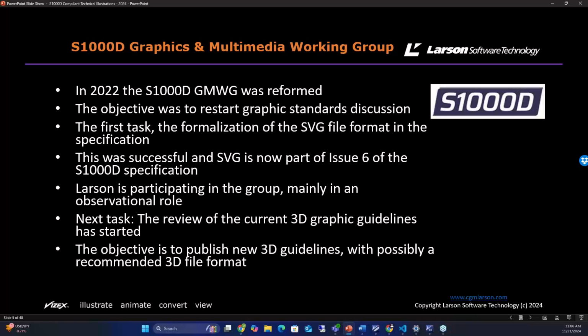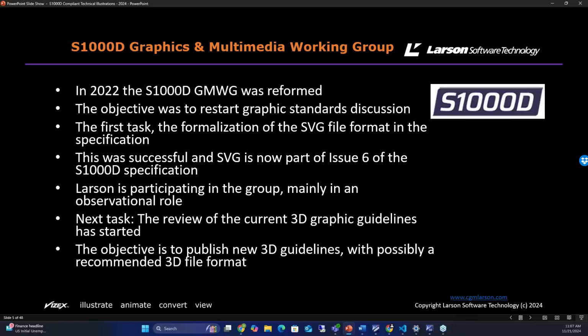The first real effort was on SVG to get that into the specification. That started 2 years ago, and it really just within the last few months, with the Issue 6 spec, has now been introduced. So that's good news for people who want to use SVG. It's now officially part of the specification.